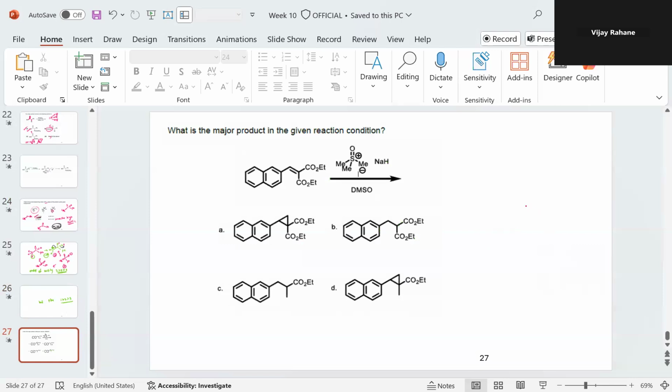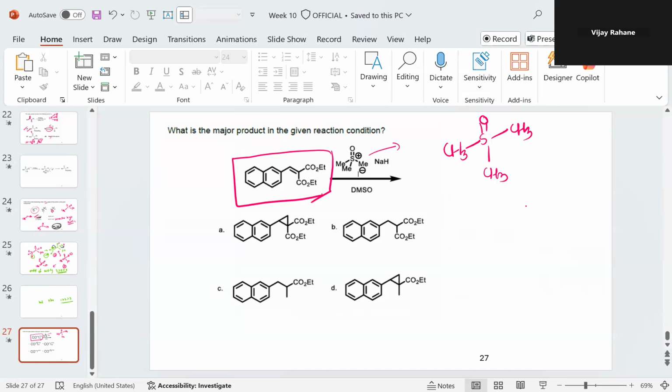So in this question, if you look at this, the starting material is the ylide, but in inactive form, CH3 S double bond O, then another CH3 and another CH3.